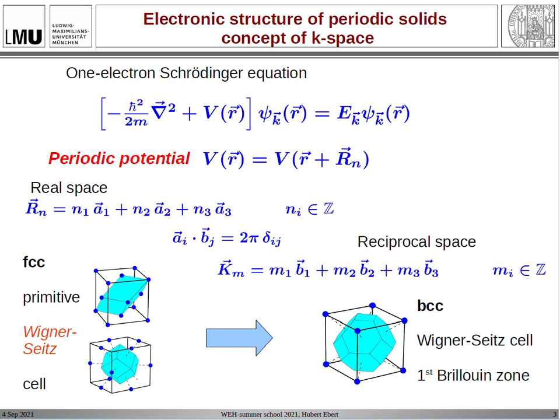And most important for us later on, these are specific cells that are site-centered. So in the middle of the cell is an atom or a nucleus. And with the real space lattice, we have immediately also access to the reciprocal lattice that you know, of course, at least from electron diffraction or X-ray diffraction properties.